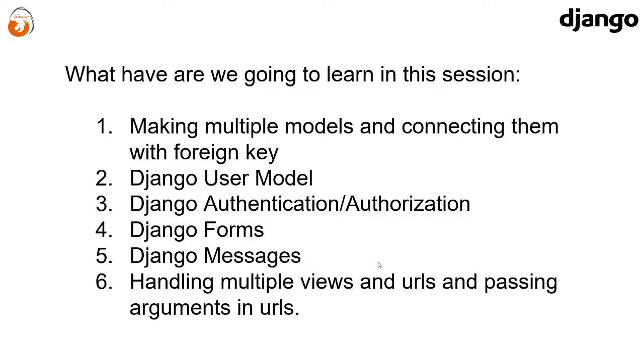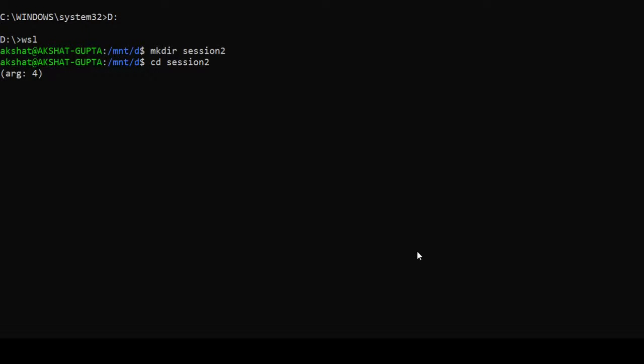Okay, jumping to our terminal. In the previous lecture, we saw how a virtual environment is made in Windows command prompt. This time we will be using WSL. So let's make a virtual environment.